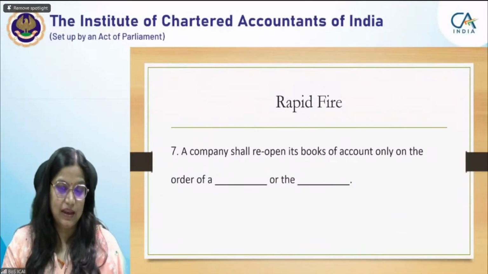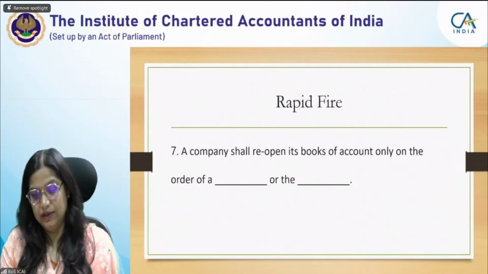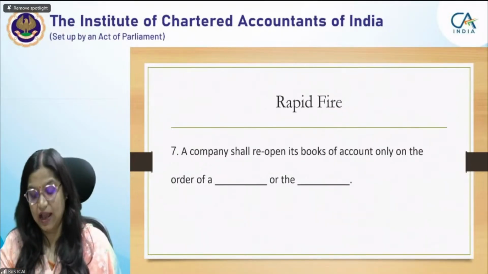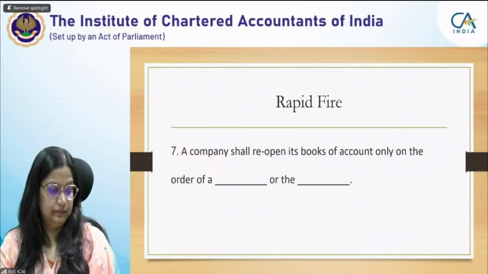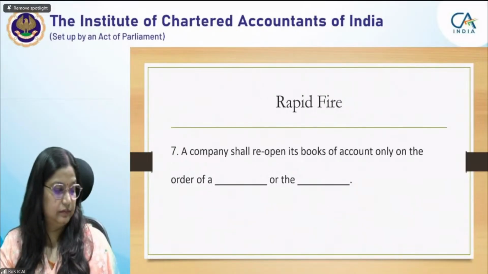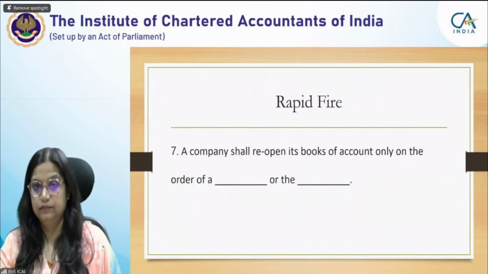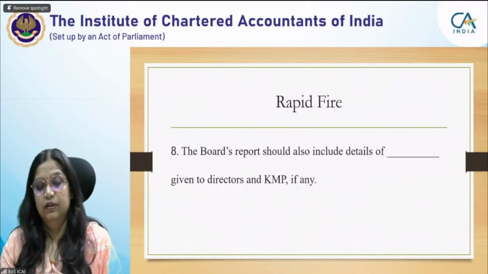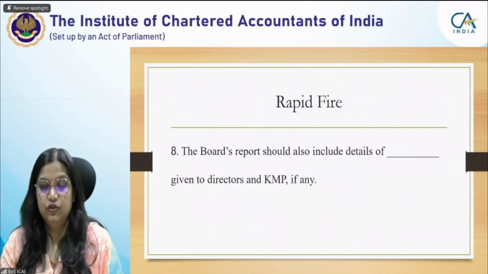Next, a company shall reopen its books of accounts only on the order of dash and dash. Eighth, the board's report should also include details of dash given to directors and KMP, if any.